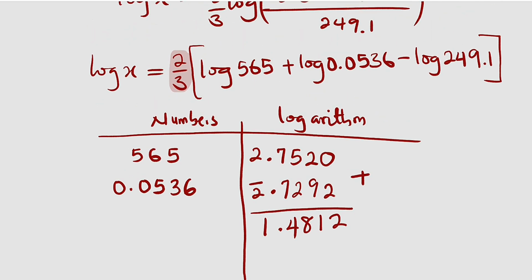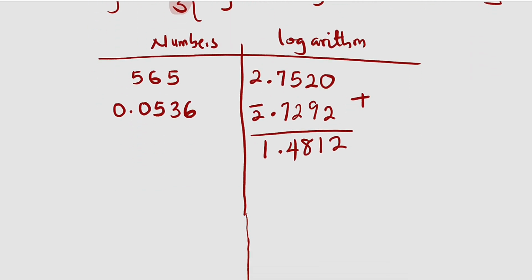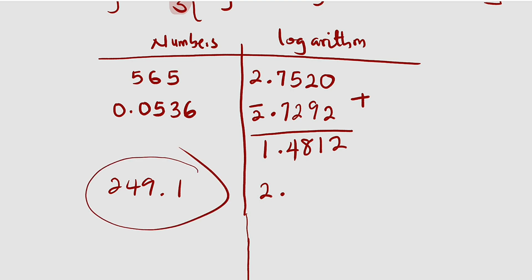Then let us take the last number here, which is 249.1. The characteristics, you move the point backward twice. So the characteristics is 2 here. Place your point. Now use a calculator to find the log of these 4 numbers. Forget about the decimal point.